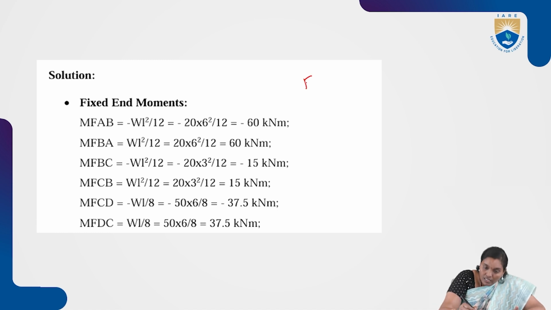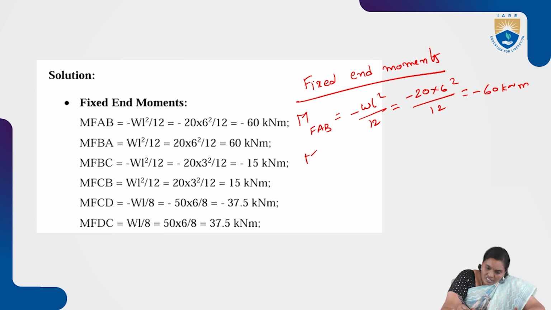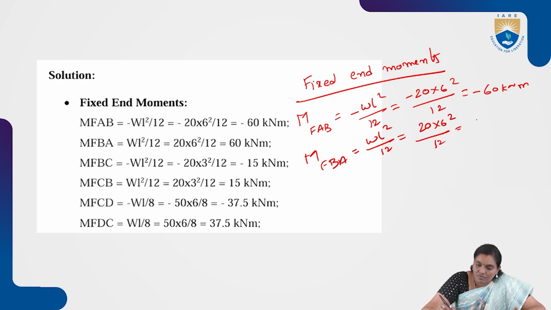According to the supports and loading conditions, we calculate the fixed end moments. The fixed end moment at A to B is minus WL square by 12. With W equal to 20 and L equal to 6, that is minus 60 kilonewton meter. The fixed end moment from B to A is plus WL square by 12, 20 into 6 square by 12, equal to 60 kilonewton meter.